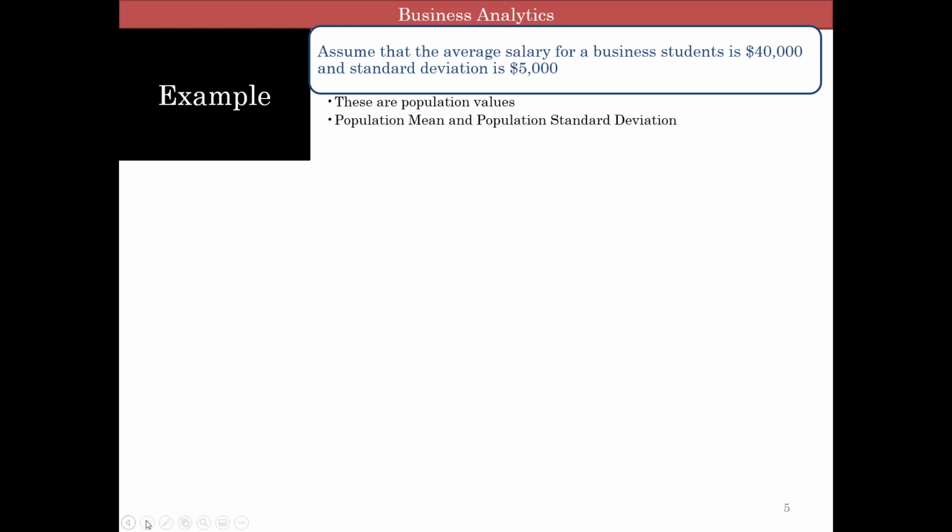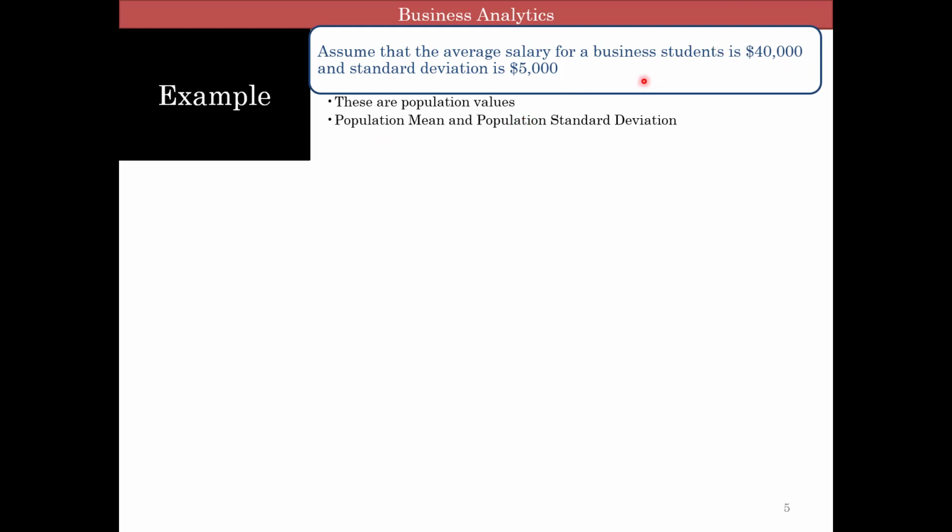In this example, we are going to use a single value taken from a population. So assume that average salary for business students is 40,000 and standard deviation is 5,000. When a statement like this is made, you can be fairly sure that these values are population values.